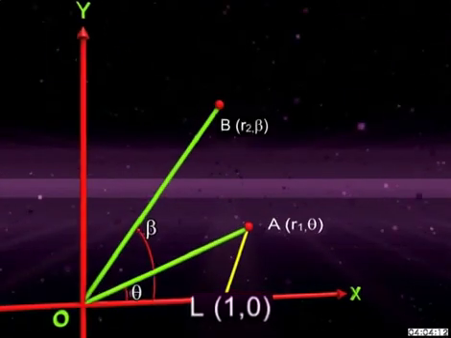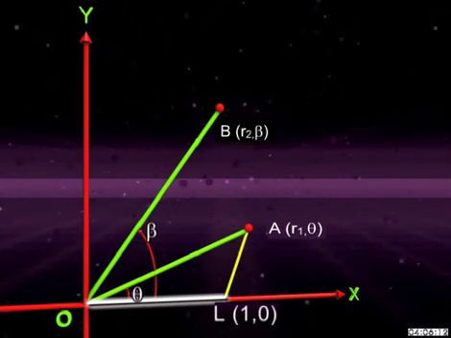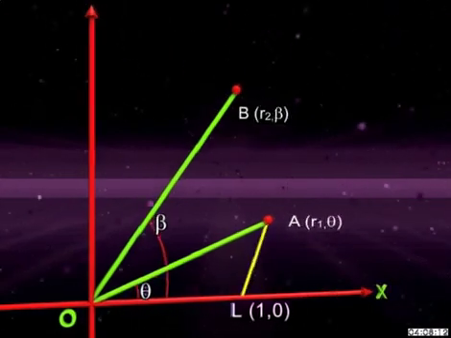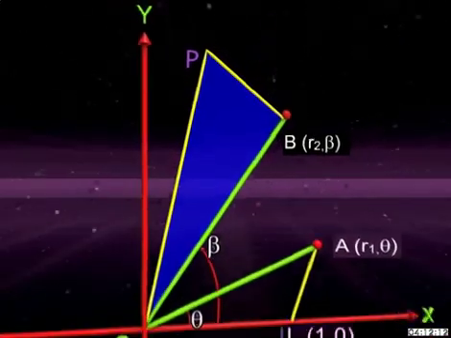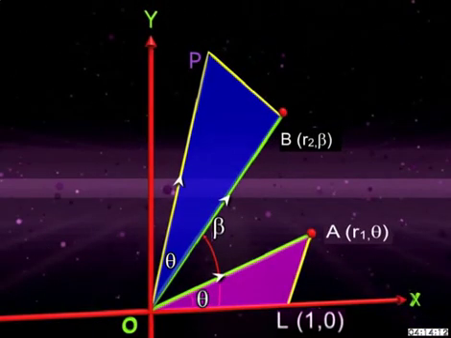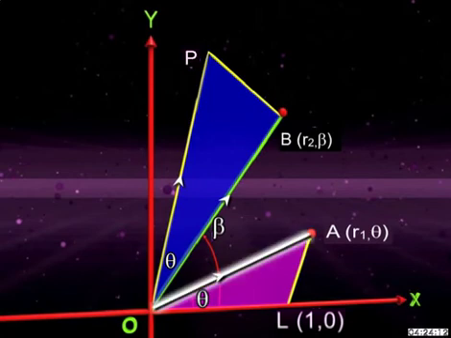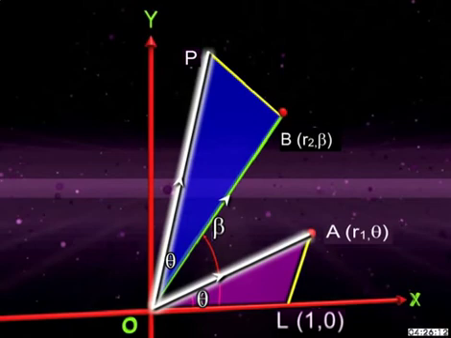Now draw a triangle OAL such that OL lying on the real axis has unit length. Also, construct another triangle OBP similar to this triangle OAL such that angle POB is equal to theta, and OA and OP are the corresponding sides of these triangles.